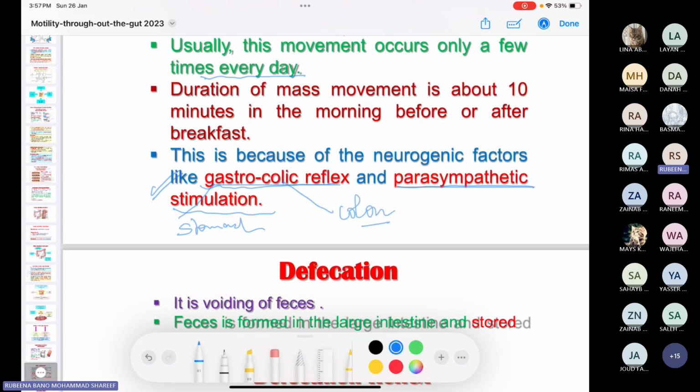So what happens when you eat, food reaches the stomach and it will stretch the stomach wall or stomach smooth muscle, right? And in response to this stretching, the colon will increase the motility, and you will feel like visiting the washroom for defecation. Okay, so this is gastrocolic reflex.